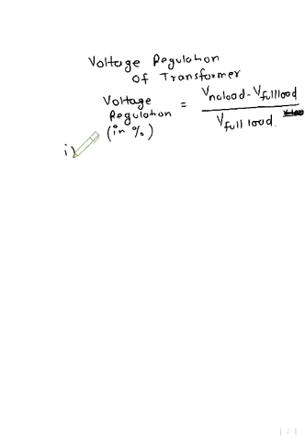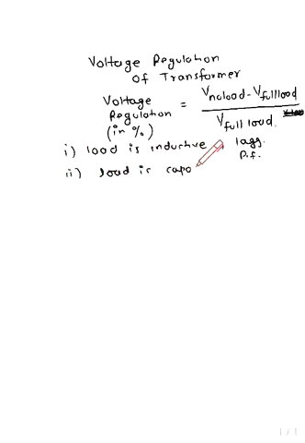First case is the load is inductive, or we can say in this case that is the lagging power factor mode. Second case is the load is capacitive, or we can say this is the leading power factor mode.